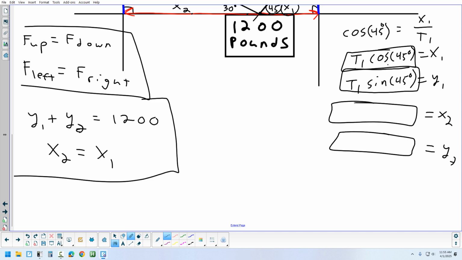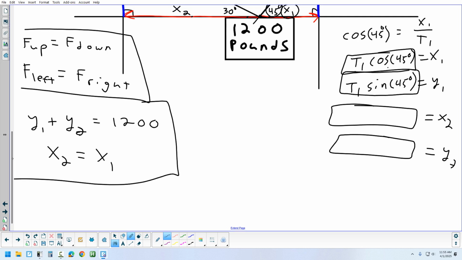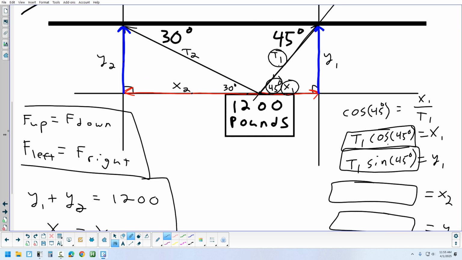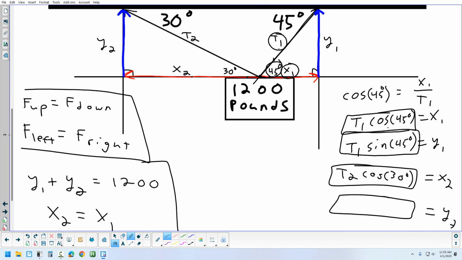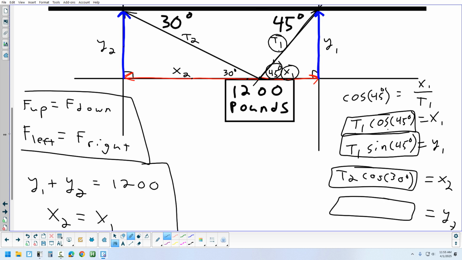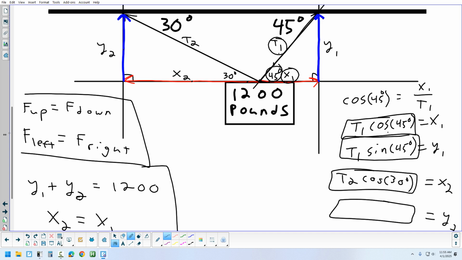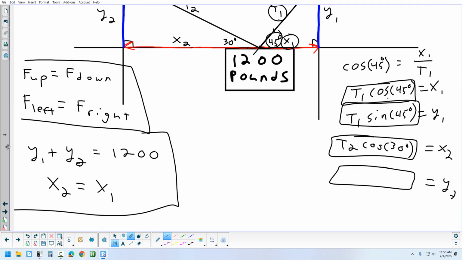What is x2 going to be? Yeah, Matt. T2 cosine 30 degrees. T2 cosine 30. And what about y2? Yeah, T2 sine of 30 degrees. T2 sine 30.